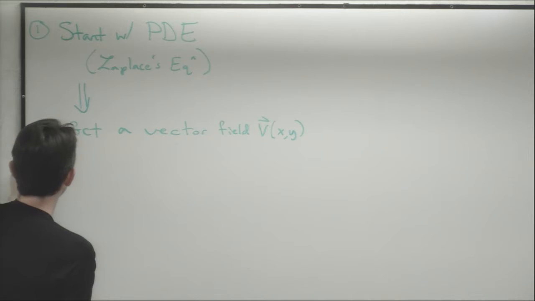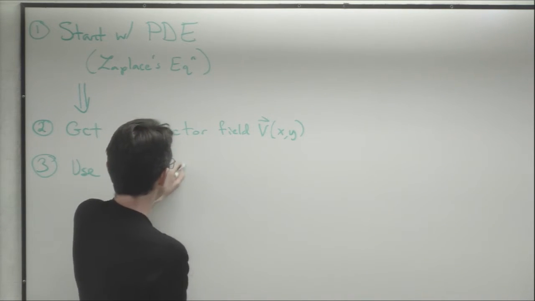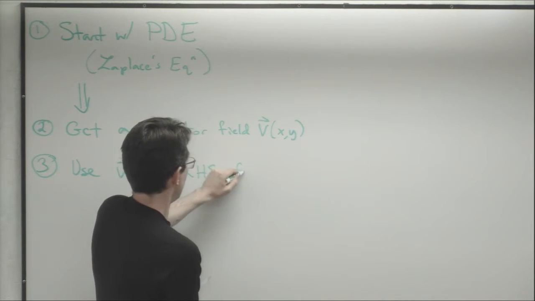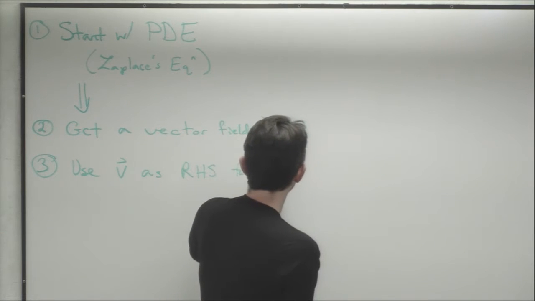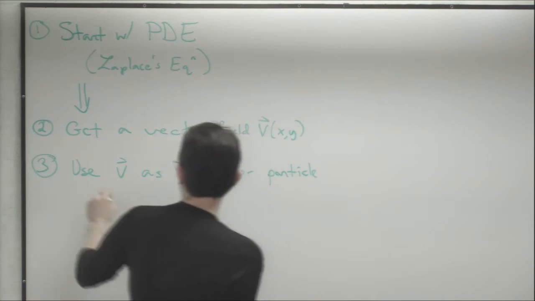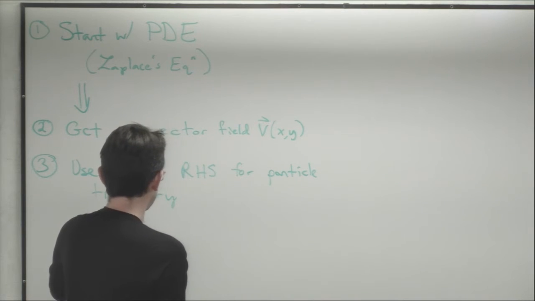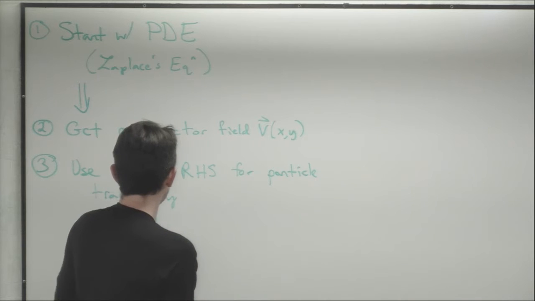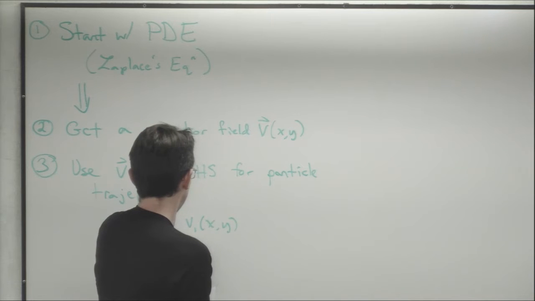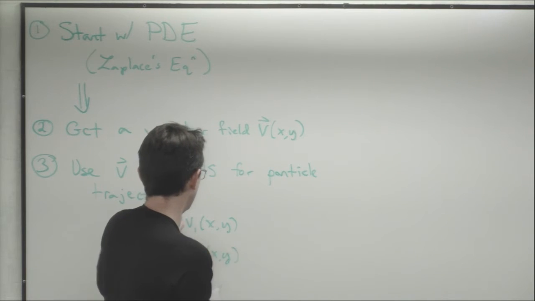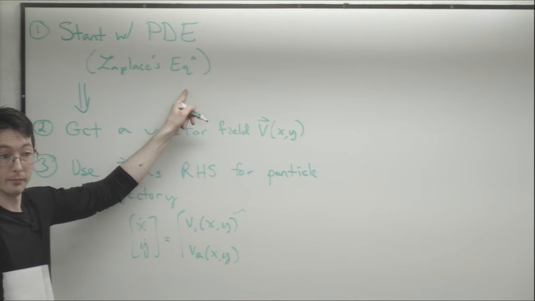And then three, we're going to use V as the right-hand side for a particle's ODE, for a particle trajectory. So we're going to say something like x dot, y dot is going to equal v1 of x y, v2 of x y. And we're actually going to integrate particles through this vector field, which was a solution to a PDE.